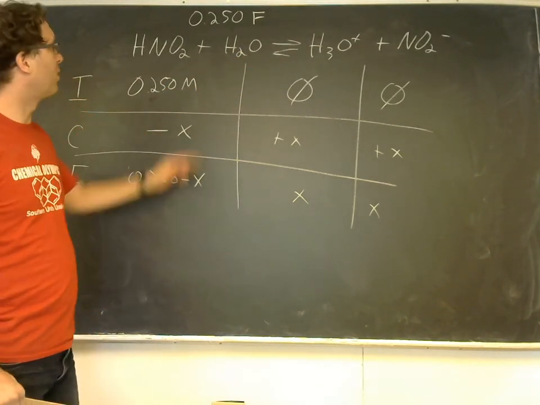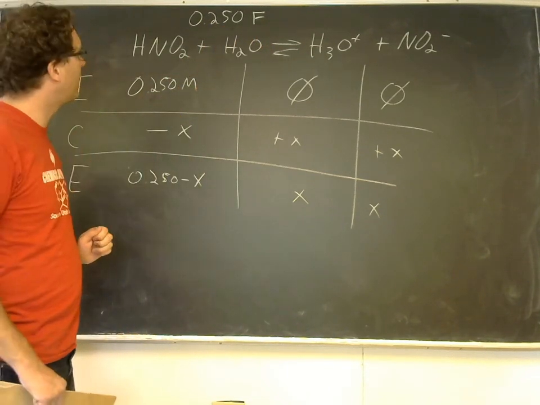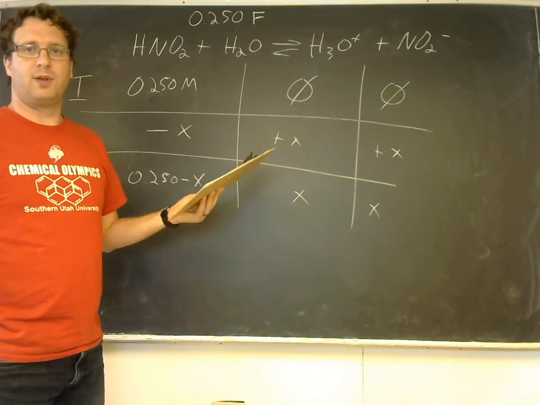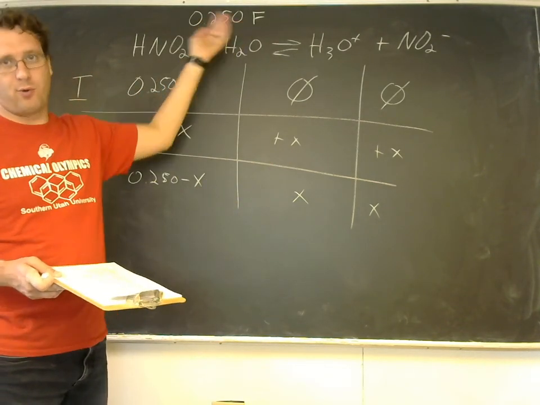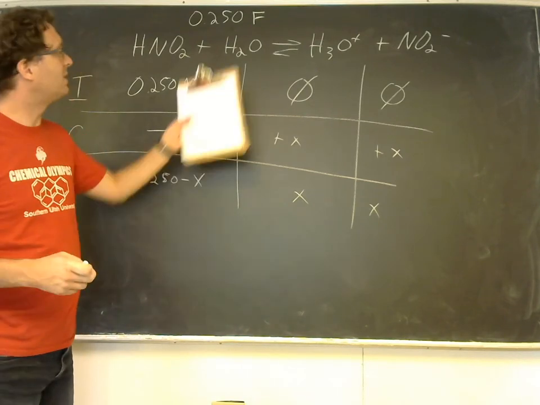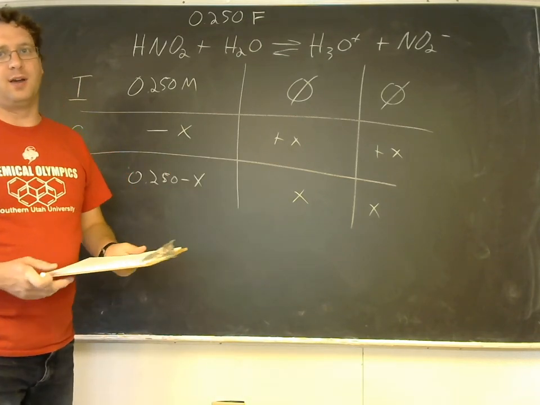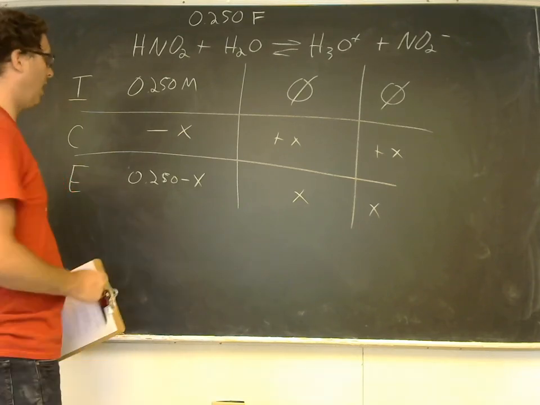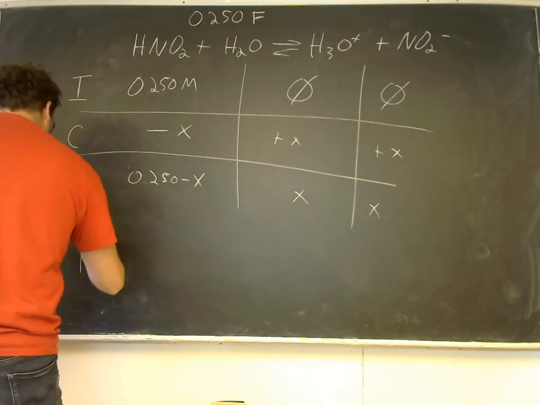It's probably pretty close to 0.250, but it's certainly at least a little bit lower than 0.250, and so just to be really obsessively precise, we'll call it a 0.250 formal concentration. Okay, so if you see an F, you can just say, well, that's basically the molar concentration that I'm going to use in my ice table, and you don't have to overthink it too much.